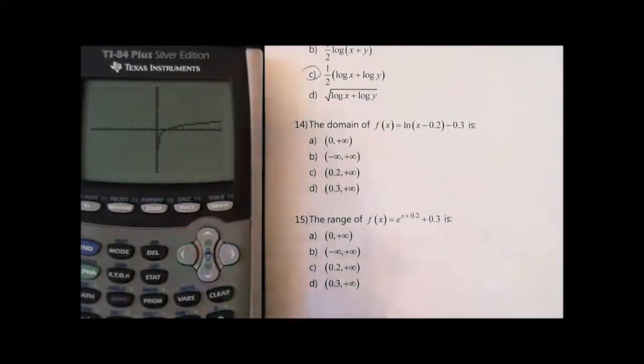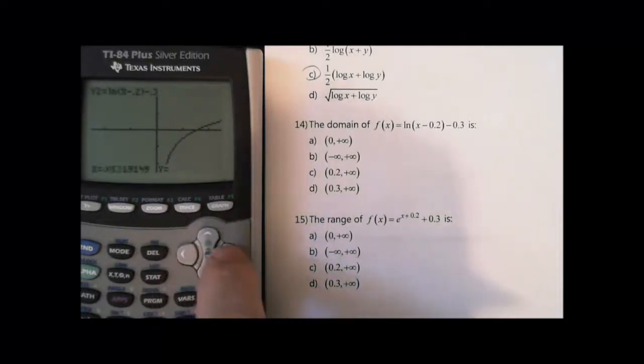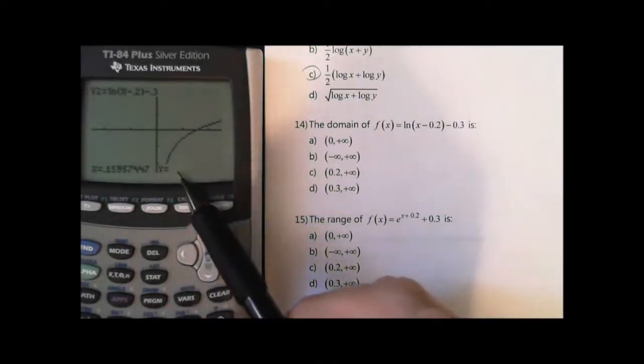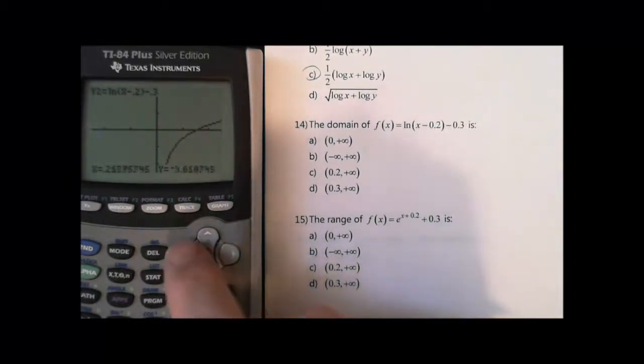And it looks just like our basic, zoom in once, our basic logarithm graph. And if I was in trace mode, the graph doesn't really start. You see that there's no y value here. There's no point on the graph that's associated with this at 0.15, but there is one at 0.21.